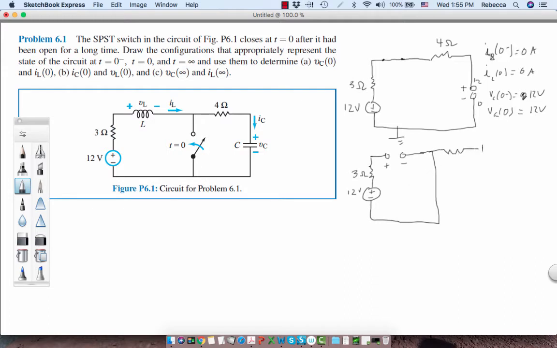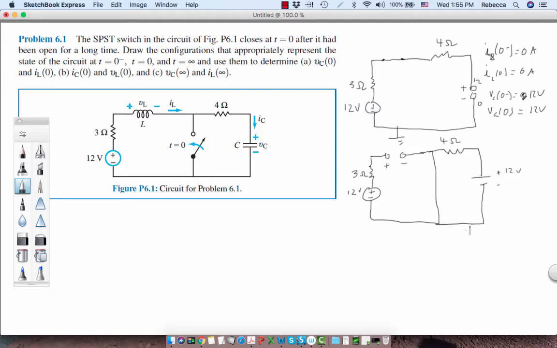We have a 4 ohm resistor, and we have our capacitor, which was charged to 12 volts, so it's going to act like a battery that's 12 volts, right at the very beginning. So we have this 4 ohm resistor here.